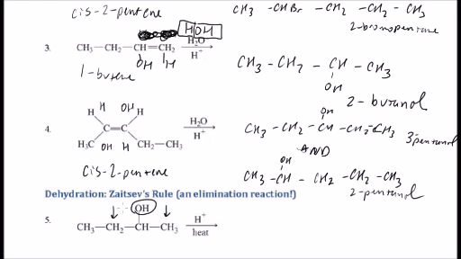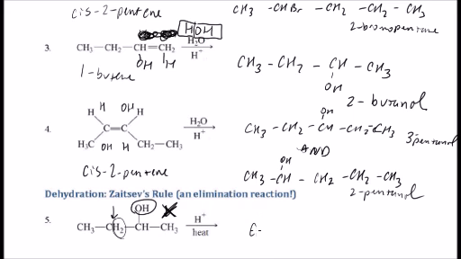And Zaitsev's rule is going to tell us that in fact it's going to come from this interior carbon. One of these hydrogens right here is going to be pulled off, bond with the OH giving us water, and we're going to form a double bond right here. It's not going to be the terminal carbon.